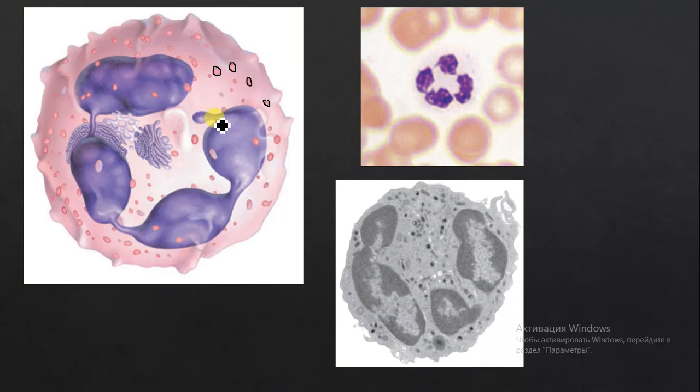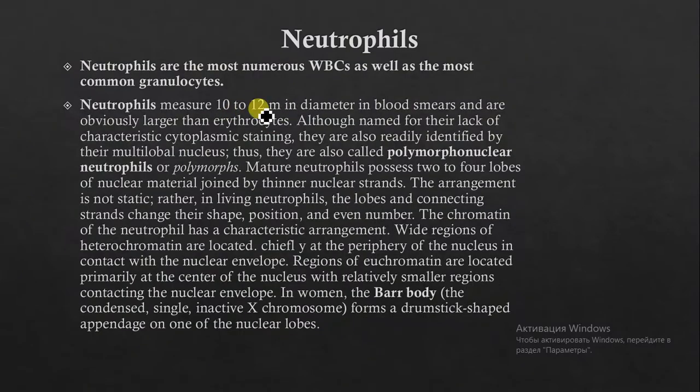And what's the function? These types of neutrophils are outnumbered. Their size is 10 to 12 micrometers. Sorry, micrometers, not meters, of course. And they're all known as polymorphonuclear. They have nuclear strands.